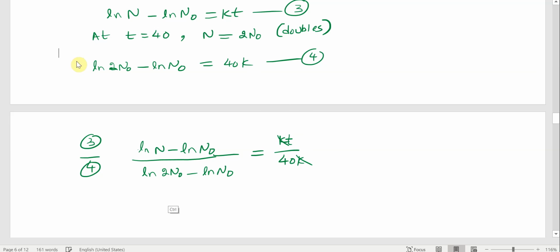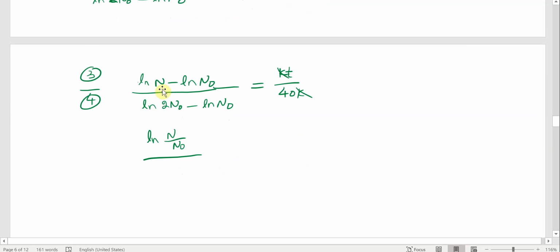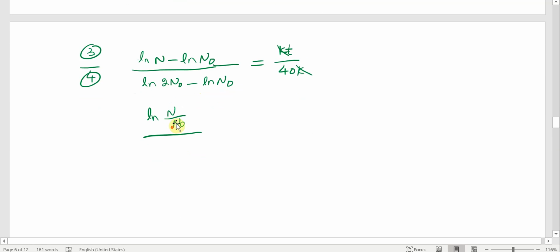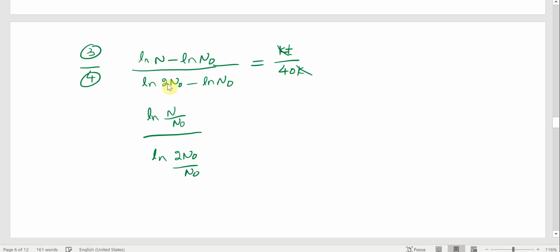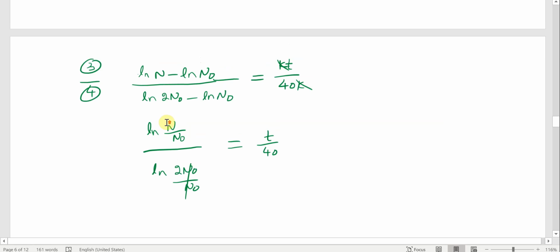K gets cancelled, and by the logarithmic formula, ln m minus ln n is ln m over n, so this is ln n divided by n naught. Similarly down also the same thing: 2n naught divided by n naught. Of course, these two cancel. Same, t over 40.